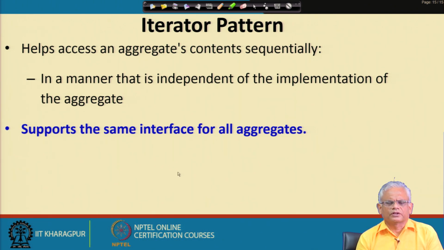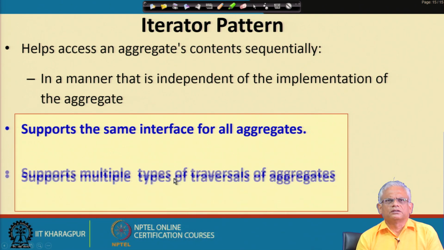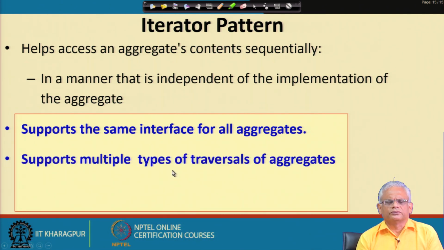And also whatever be the aggregate, whether it is array list, linked list, hash table, whatever, we have the same interface. All the iterators have the same interface and therefore, it becomes easy for the programmer, and also we can use different types of iterators to support different types of traversals on the same aggregate.